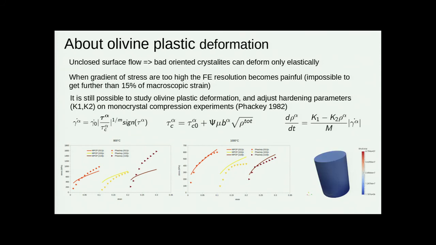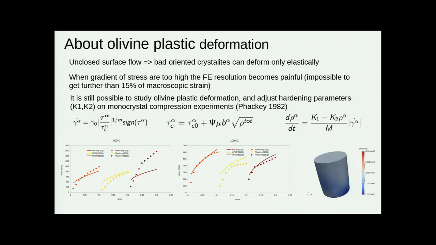But we can still study the plastic deformation of olivine until 10% of macroscopic strain. For the rest of the crystal plasticity, I use a classic power law flow rule. I also use the Taylor relationship for the hardening, and for the dislocation density evolution, I use a Yoshie-Laasraoui-Jonas type law.